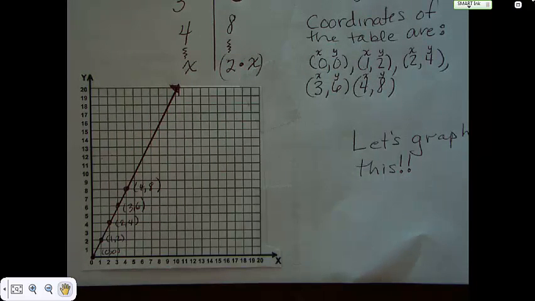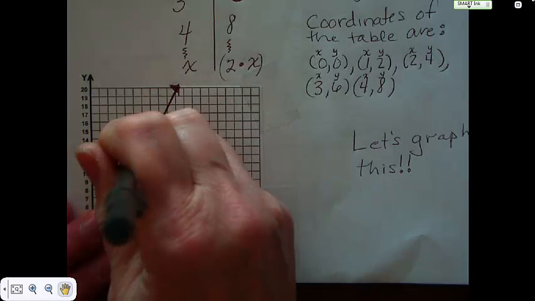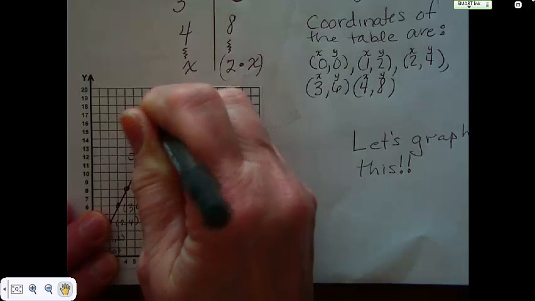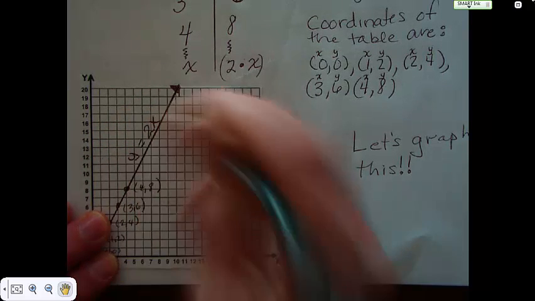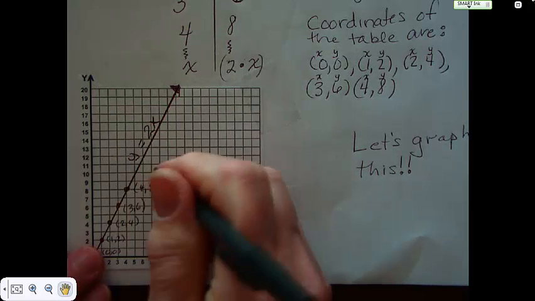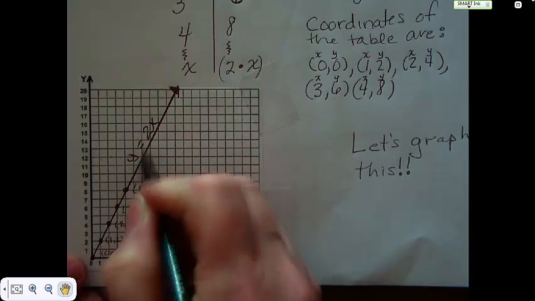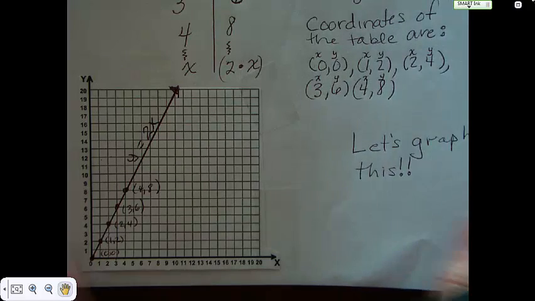Now, we're not going to show it on this line. Obviously, it doesn't go that big. But this particular line is the graph of y equals 2x. This is the first one I've actually labeled it this way, but I'd like to see you, when you draw graphs, label them y equals 2x so we know what that graph is.